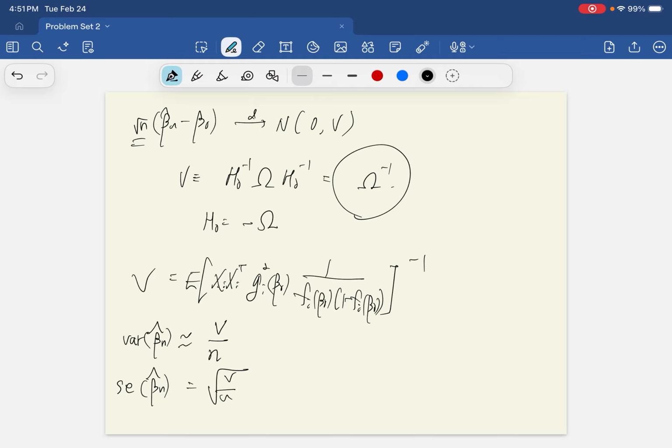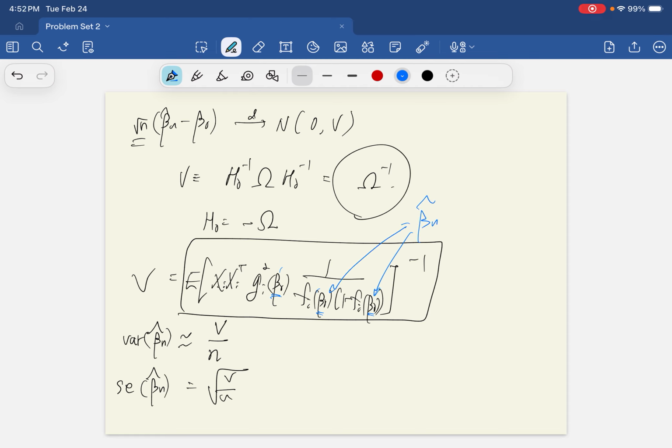Now let's think about estimating this V. First, we do not know beta 0; beta 0 appears here, here, and here. So we are going to plug in beta hat n. And we are also going to replace the expectation with 1 over n times the summation.